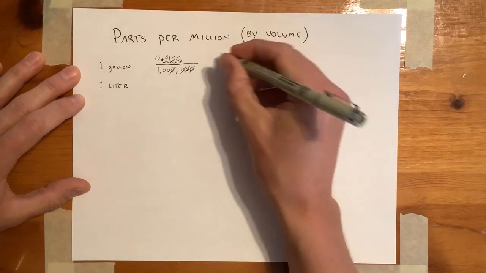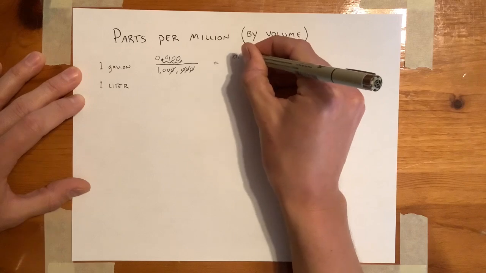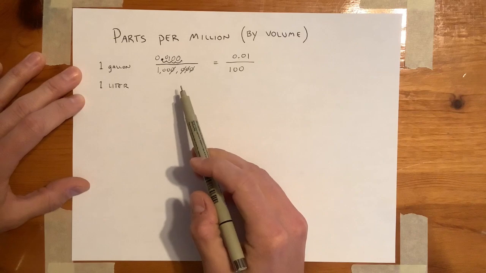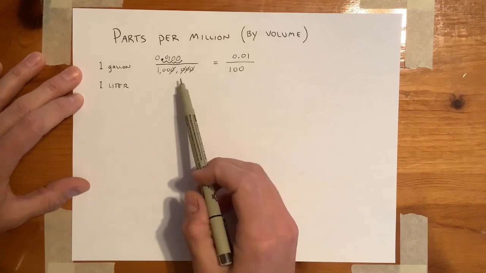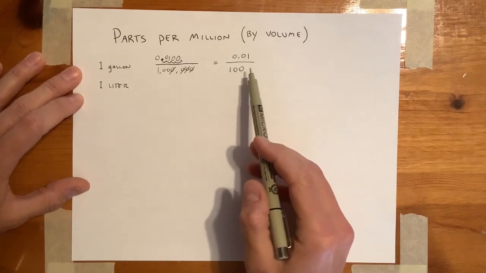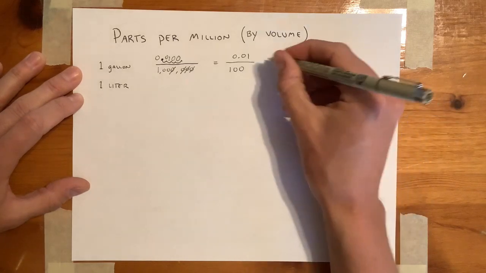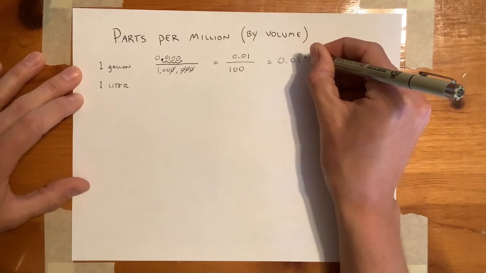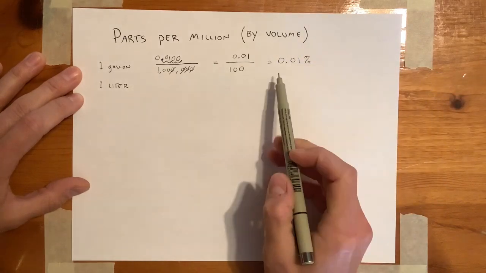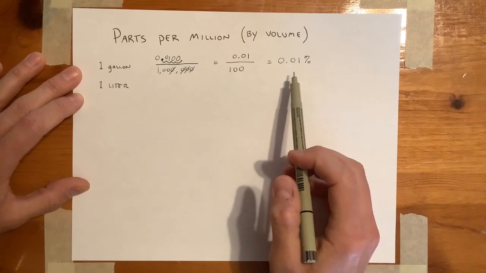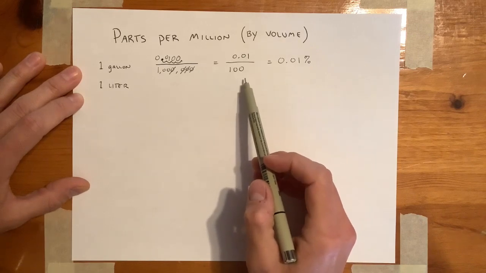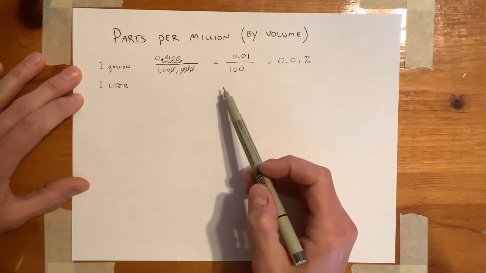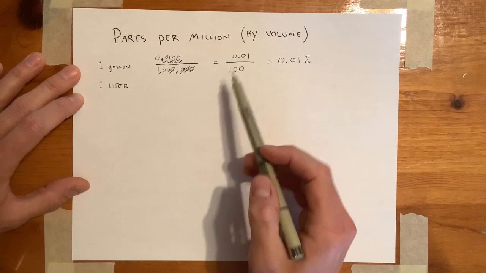So we would now have a concentration of 100 parts per million. Another way to think of that is 0.01%. So it's a pretty familiar concept. We're just used to doing it in hundreds, but for very, very small concentrations of things, it's useful to talk about parts per million.